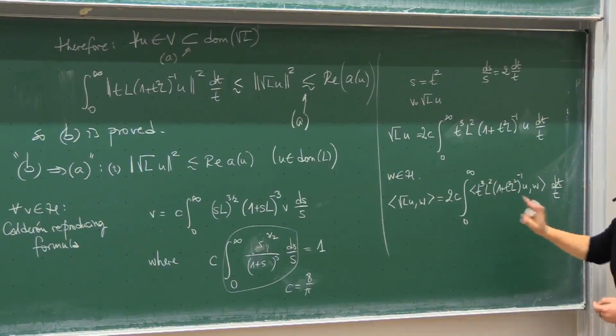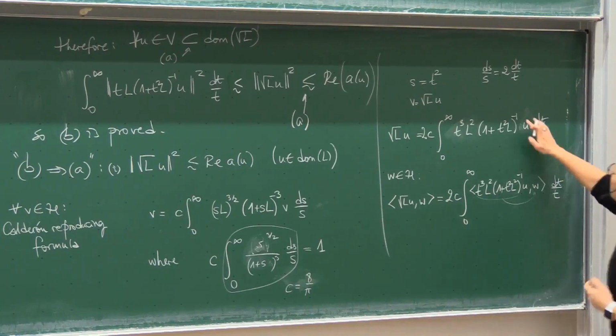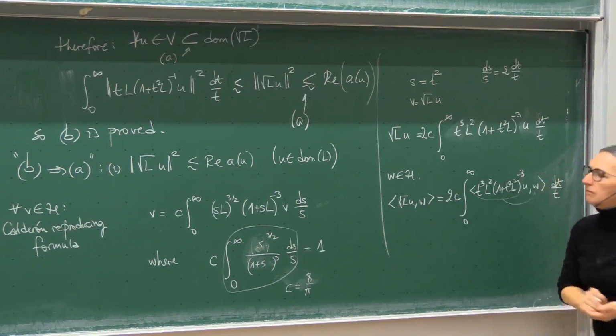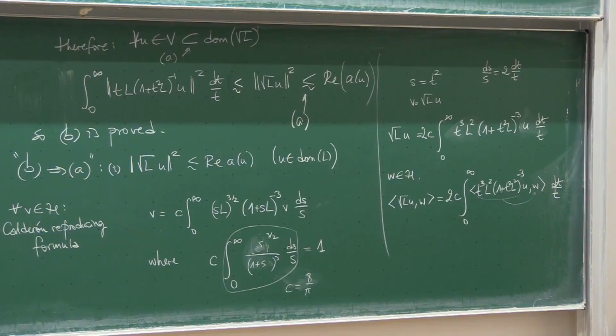So there's a t squared, and then I split that in two. There's a minus 3 here, sorry, nobody's reacting, but there's a minus 3, right? I forgot.